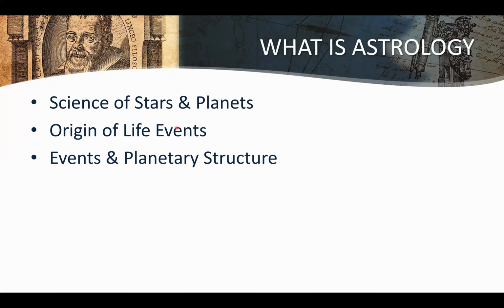When we talk about the event and the planetary structure, it is very clear that once we study the transits, we will come to the conclusion that the planetary structure of the movement at birth and its motion of the planets continues till the end of human life.